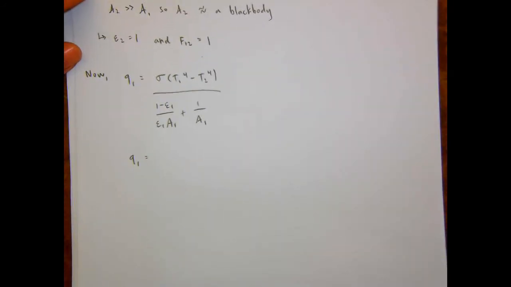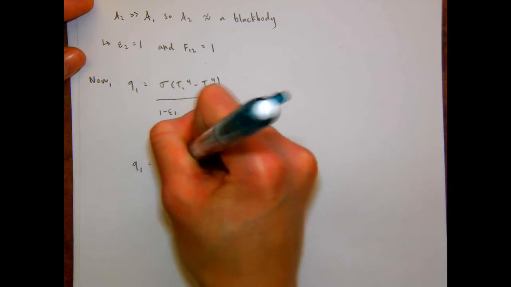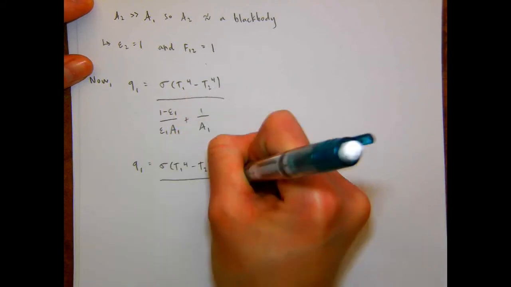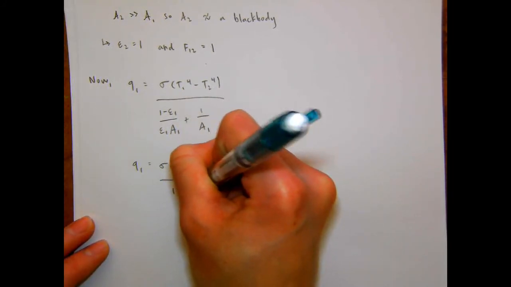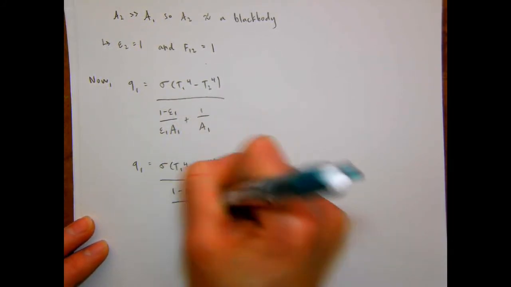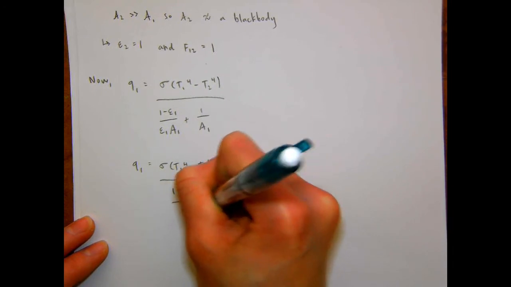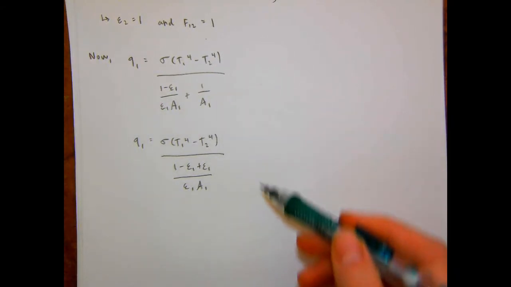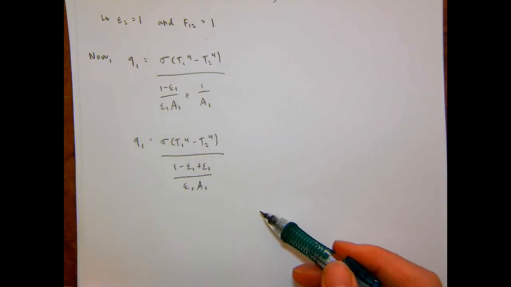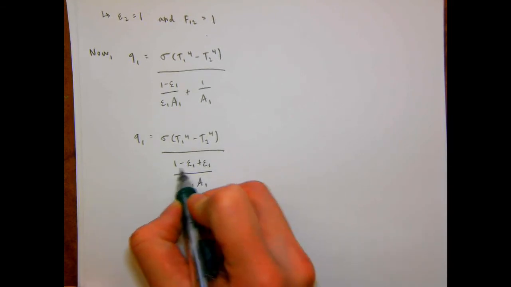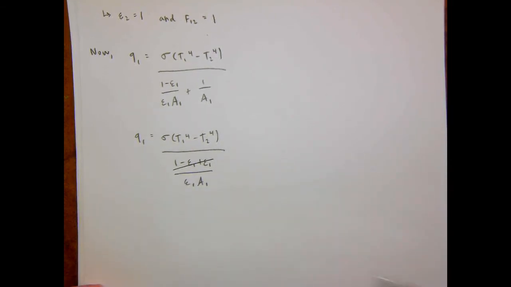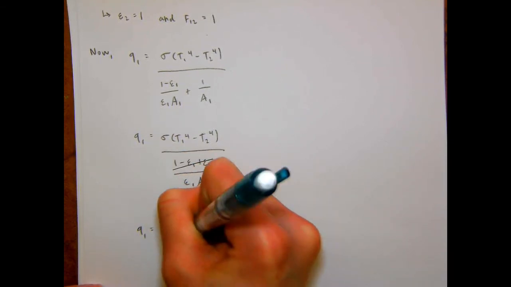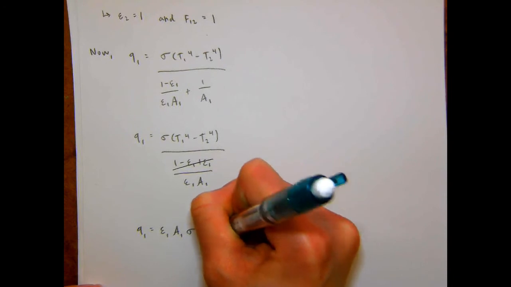We can simplify this a little further. Basically, if we bring these two together in the denominator, these cancel. And then we recover this equation.